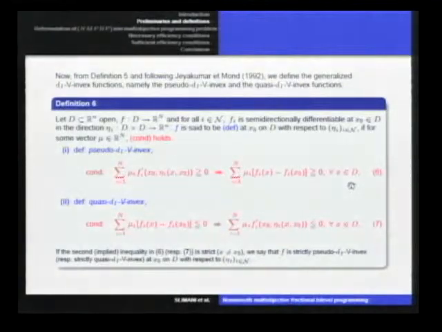We use these concepts to establish necessary and sufficient optimality conditions for the problem that we have studied in this paper.